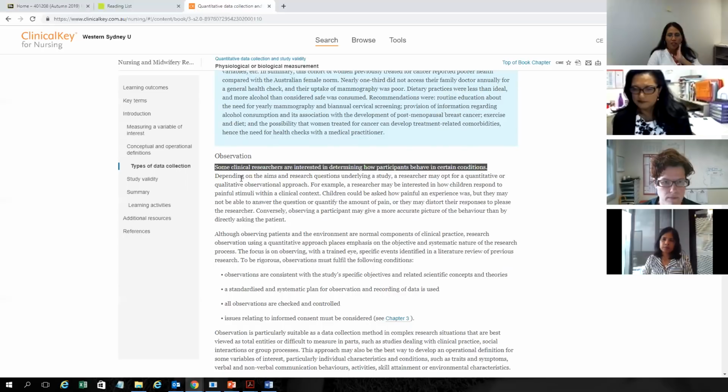If you look at this sentence, some clinical researchers are interested in determining how participants behave in certain conditions. That's what this study did. It observed how babies reacted to sucrose or to water. So it was an appropriate method for this study. And yes, you need to include reference information.